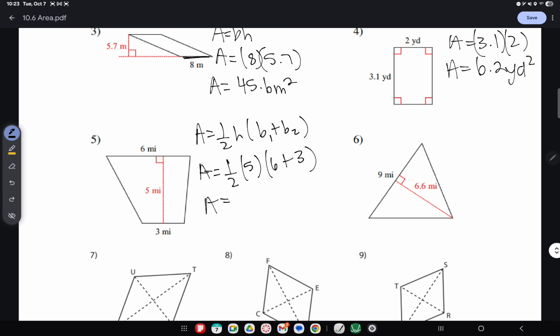I'll do 6 plus 3 first, then multiply it by 5, and then divide by 2. So I get 22.5 miles squared. All right, this next one, we have a triangle. So area is base times height divided by 2.